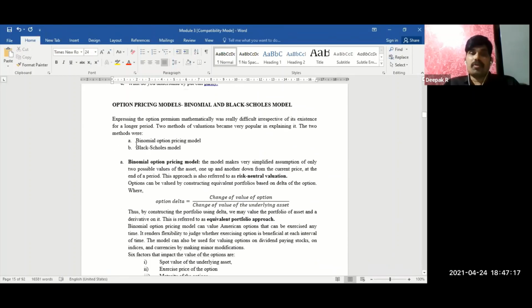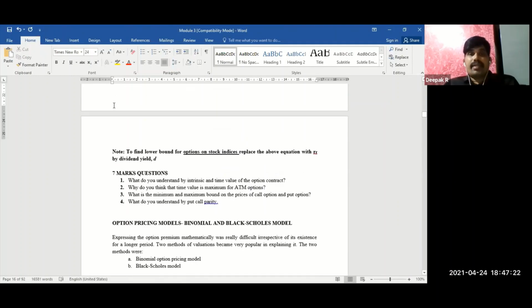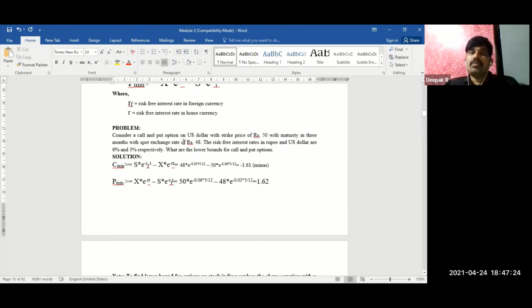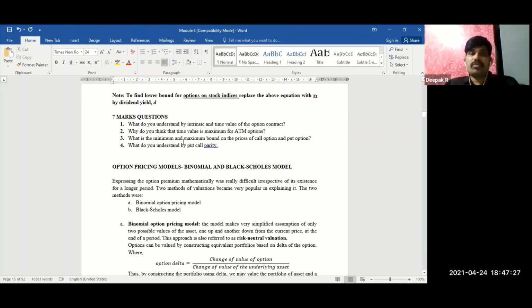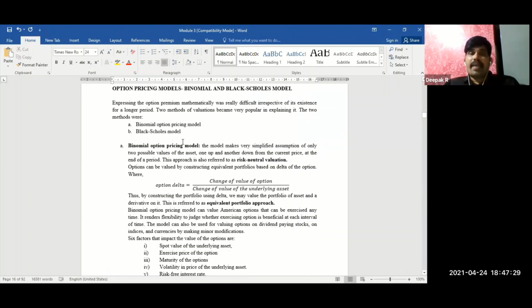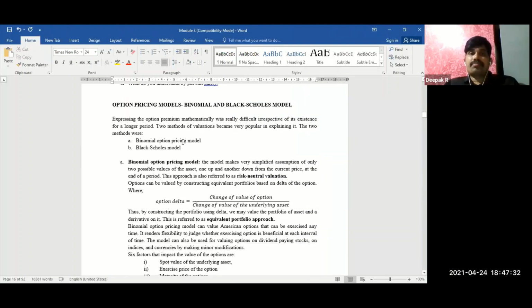Now, lastly, what you should understand is, this is talking about the lower bounds as well as the upper bounds. But practically, on an everyday basis, if one is to come up with the premium prices for the options, they will come across what is referred to as the binomial model, and what is referred to as the Black-Scholes and Merton model.